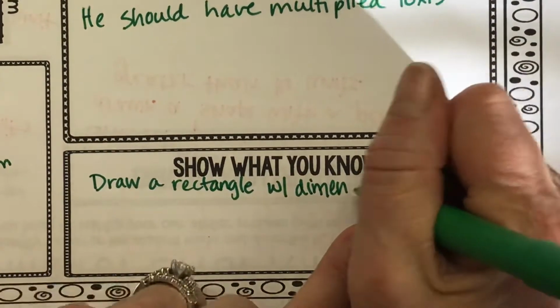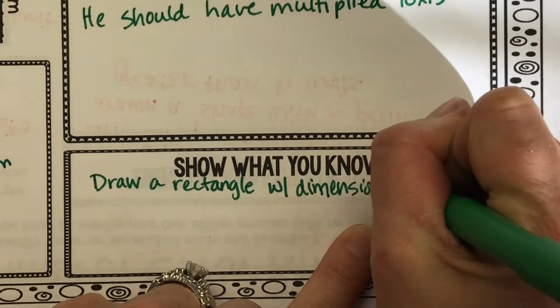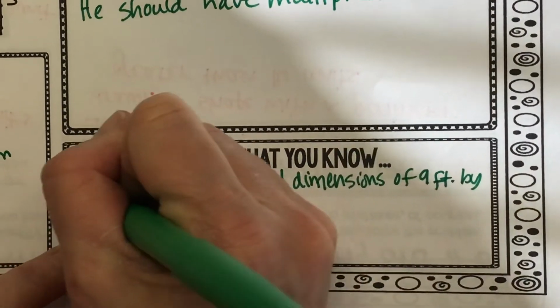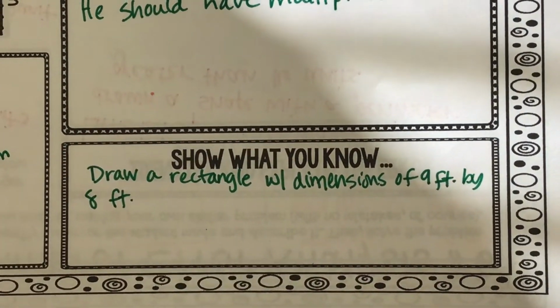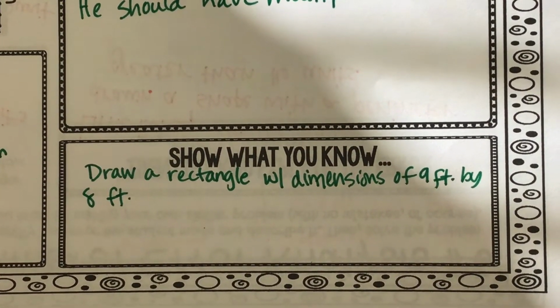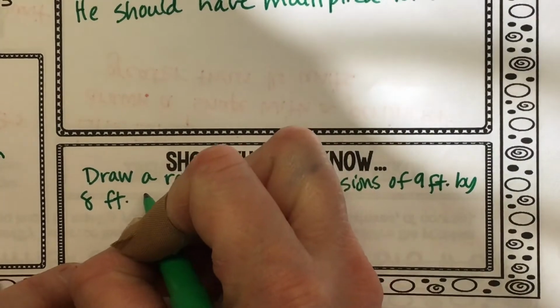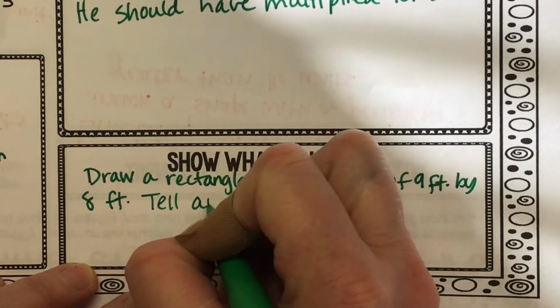Okay, draw a rectangle with dimensions of 9 feet by 8. No, not 9 feet, 9 centimeters. Okay, well, I'll just leave it feet, but you can leave your centimeters. Draw a rectangle with dimensions of 9 feet by 8 feet or 9 centimeters by 8 centimeters. Tell the area and perimeter.